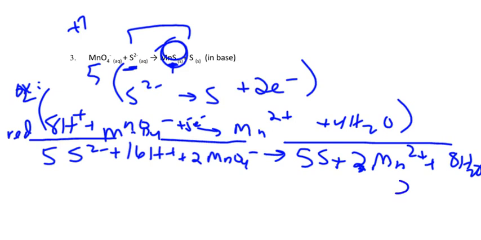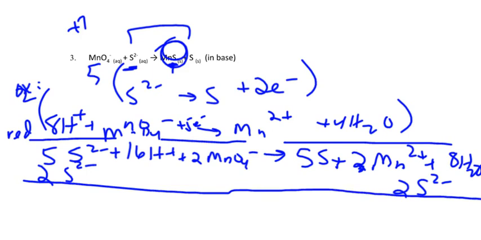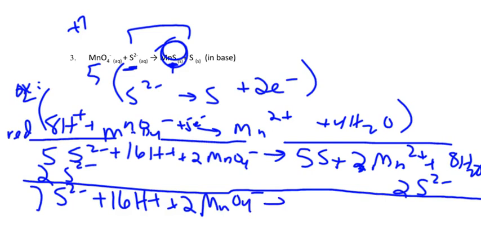So I need to add 2 S2 minuses over here. So now what do I have? Let's check this out. I have a total of 7 S2 minus plus 16 H plus 2 MnO4 minus makes 5S plus 2 MnS plus 8 H2O.